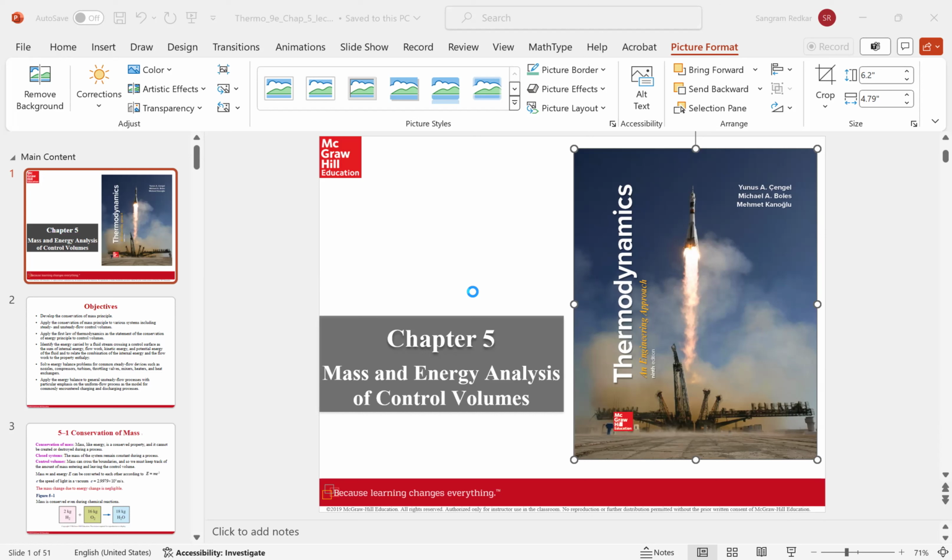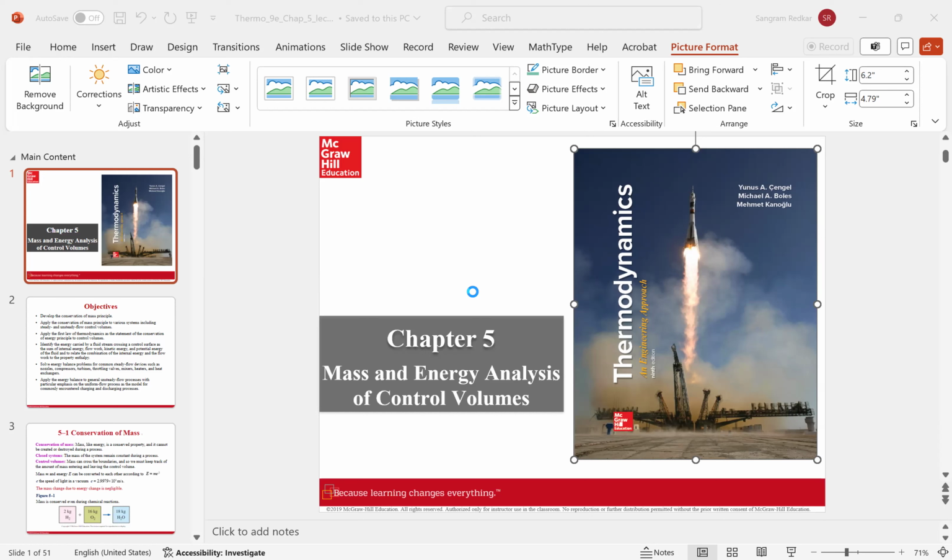If there is no loss, then energy can neither be created nor destroyed. Whatever energy is coming in has to go out. Then we apply the energy balance equation.